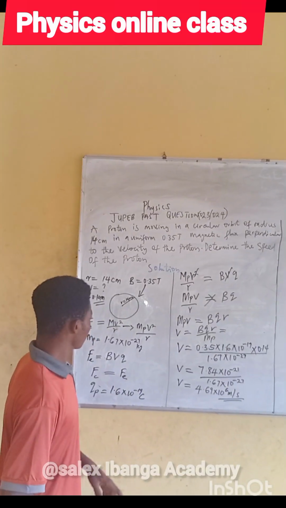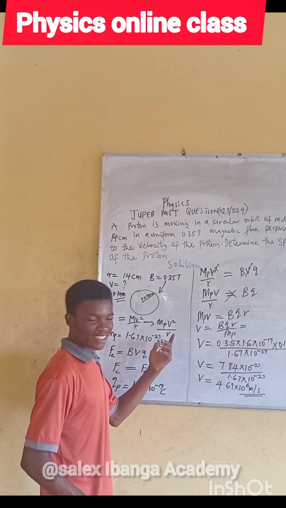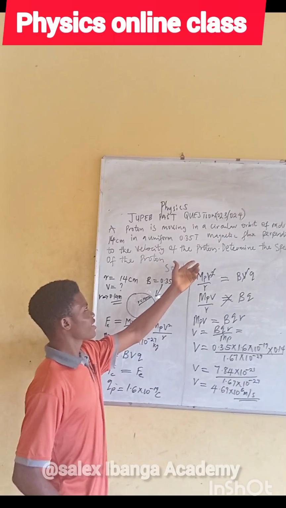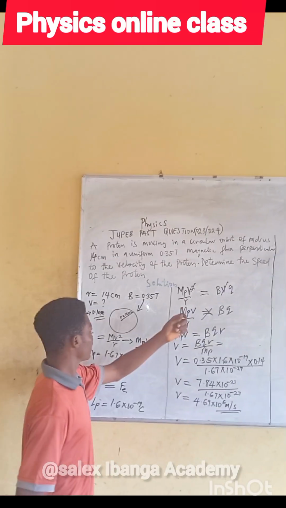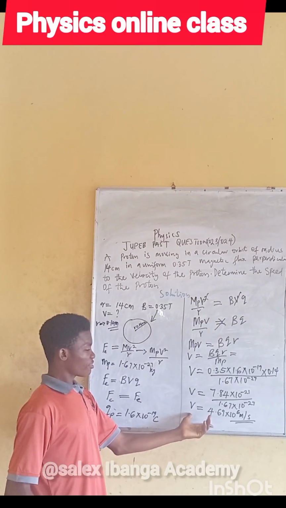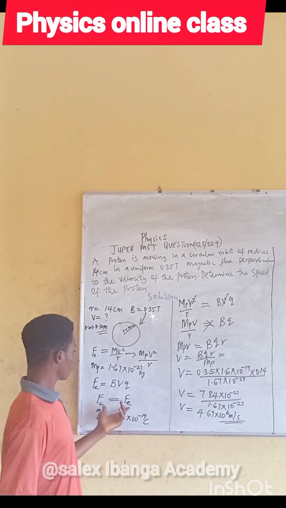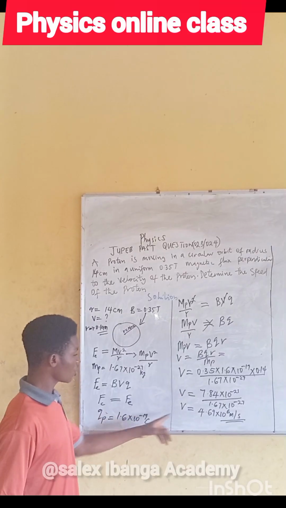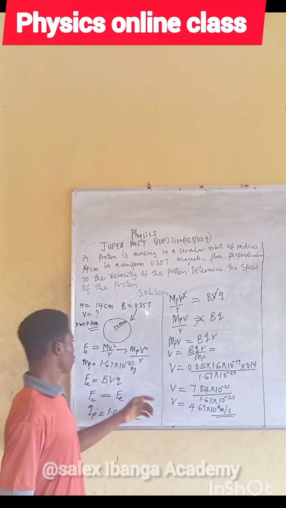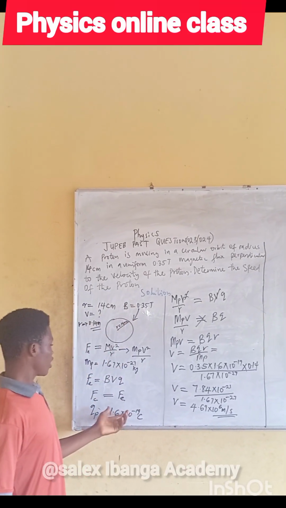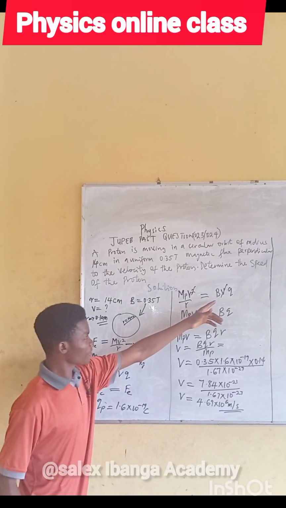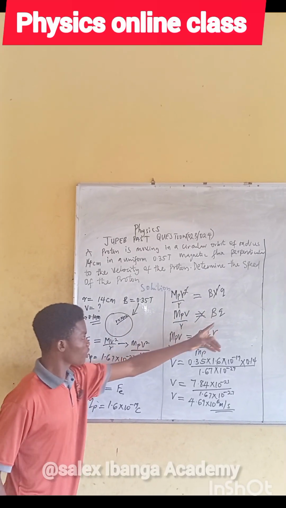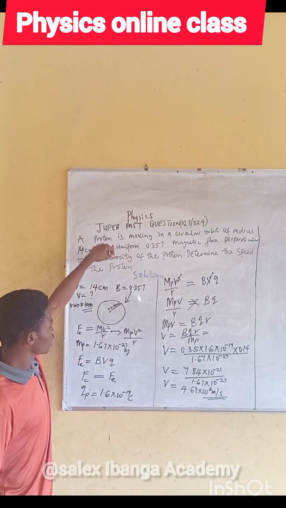Now, my people, looking at this question that was given on the board, for us to arrive at this velocity, these are the formulas we combined: centripetal force and the force on the electrons to arrive at our V. All these formulas were not given in the question, but they were invisible in the question.